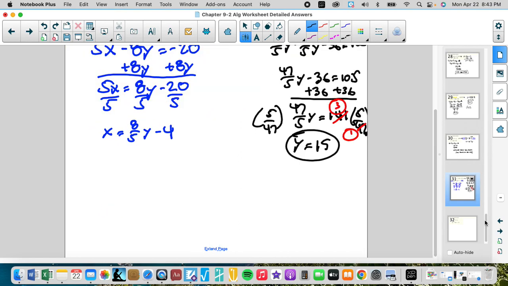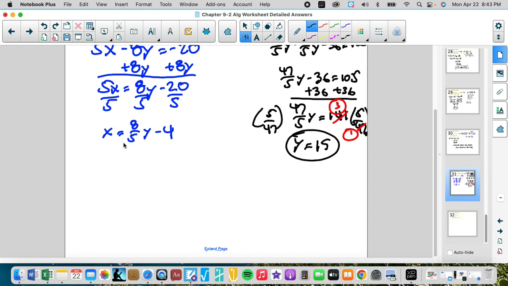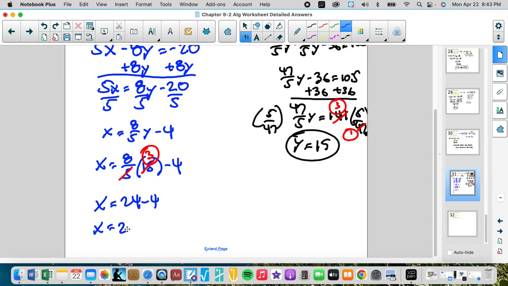Was this the second to last problem? Okay, and now we go back to here and we're going to plug in 8/5 times 15 minus 4. 5 in the denominator, 15 in the numerator. We get x equals 8 times 3 is 24 minus 4. x equals 20.